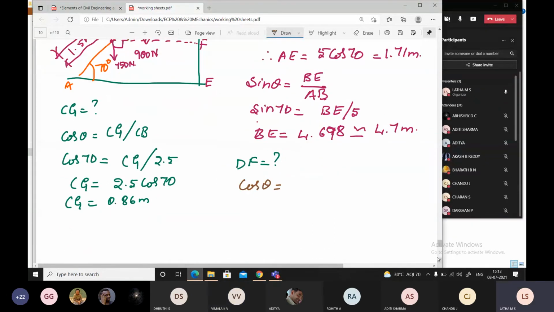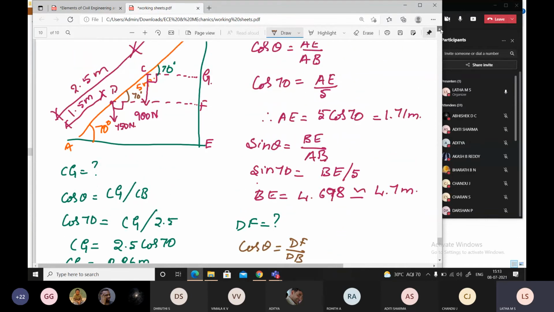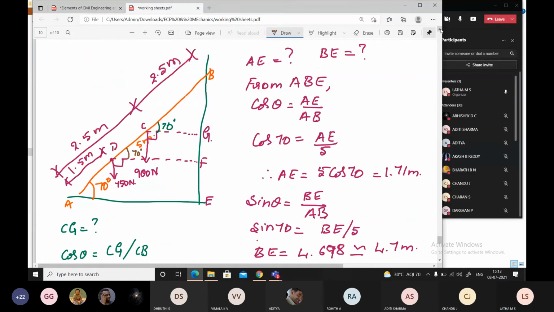Correct? Now cos 70. DF is the only unknown. What is DB from the geometry of the figure?